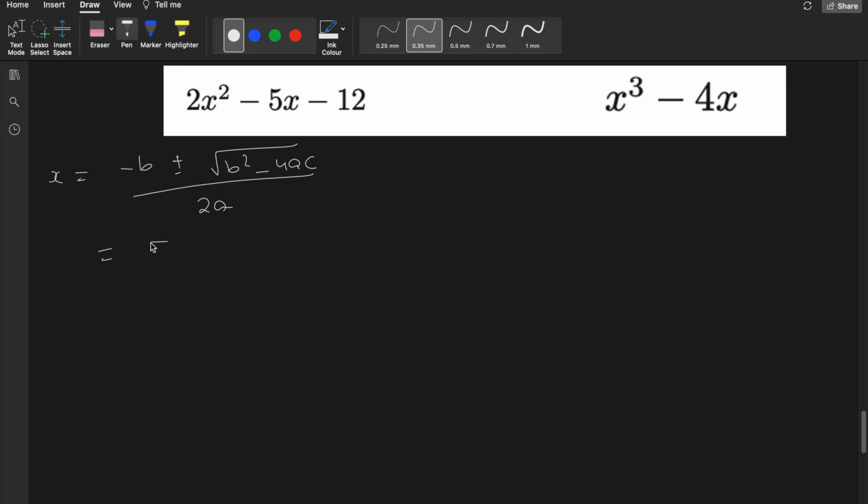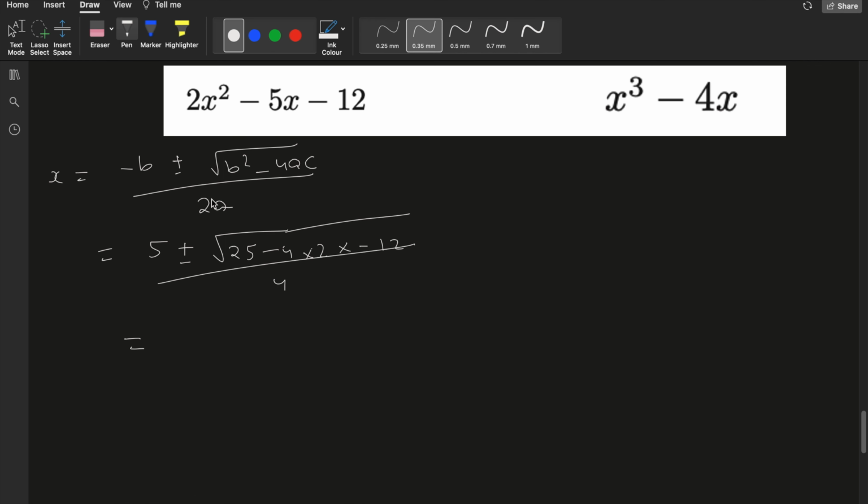So minus b would be 5, plus or minus the square root of 5 squared, which is 25, minus 4 into 2 into negative 12, divided by 4.